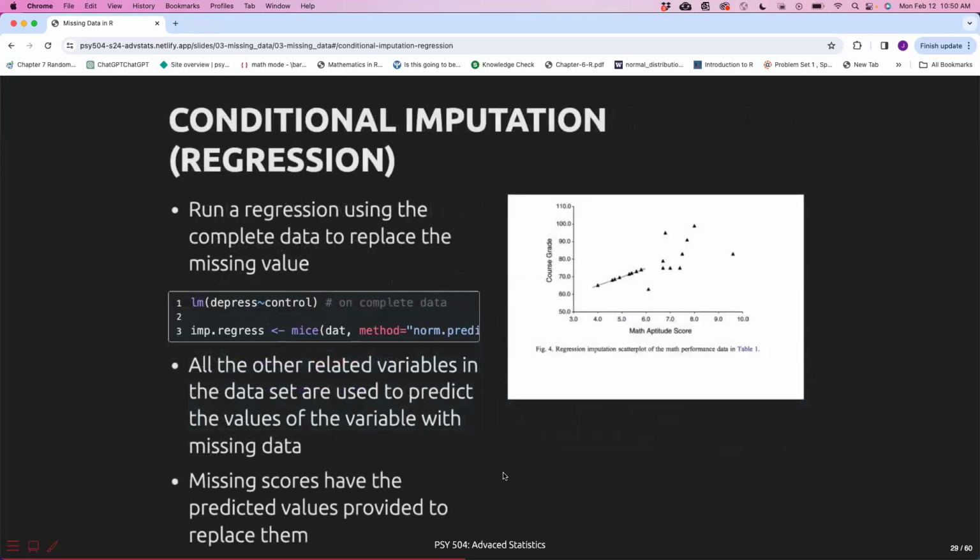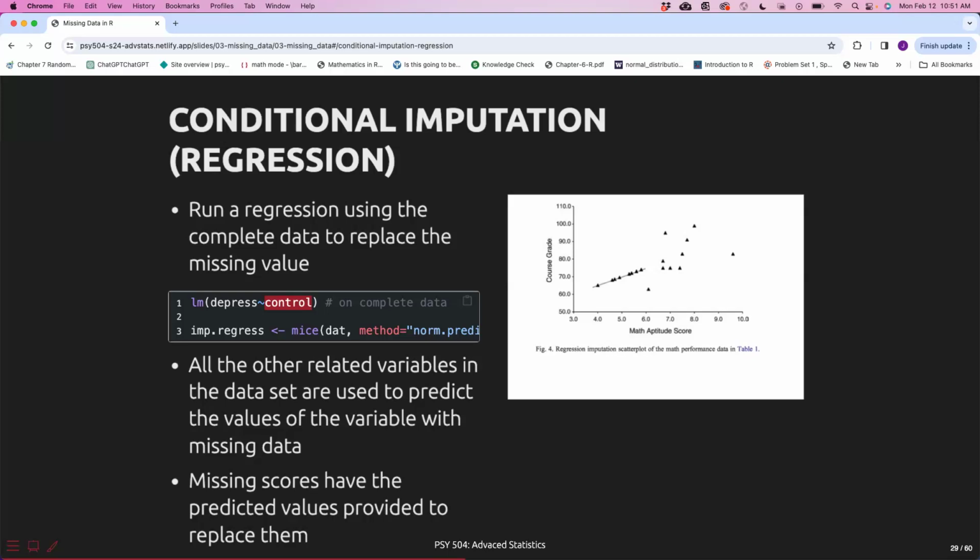One of those methods is conditional imputation, or regression imputation, that I think Ari did a nice job of explaining. Essentially, we're performing a regression where we take our variable, control, and regress it onto depression. We take the equation that we get from there to predict the missing values. So we have our regression equation with our intercept and our slope value. We have control values, which are complete.